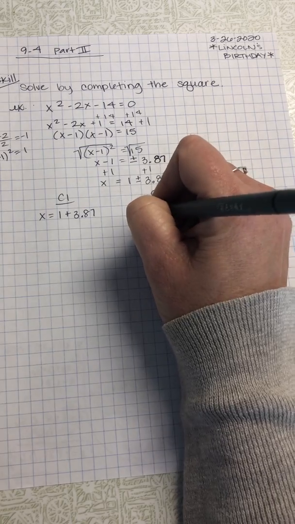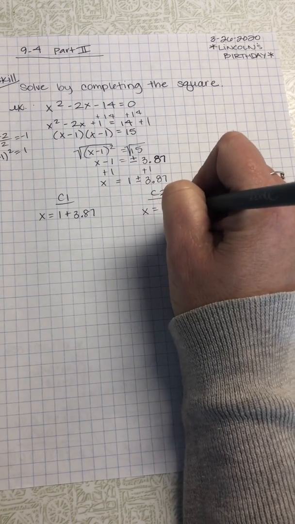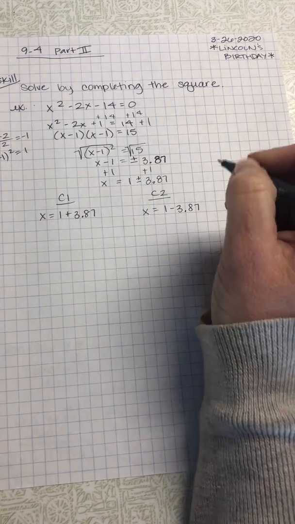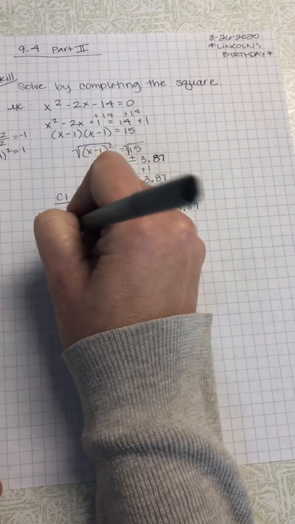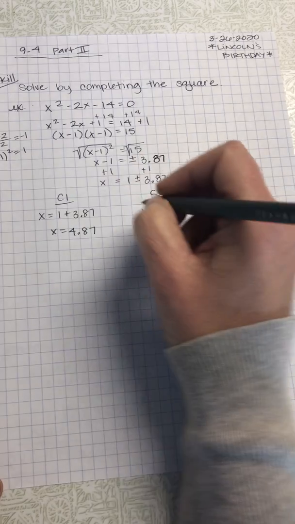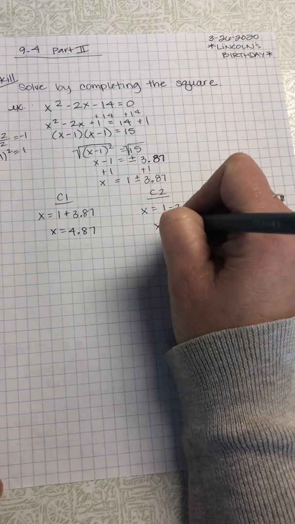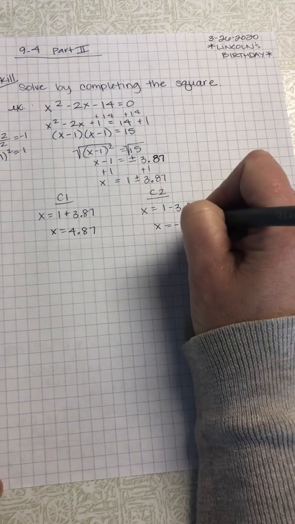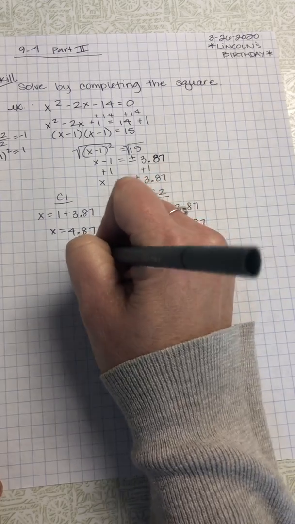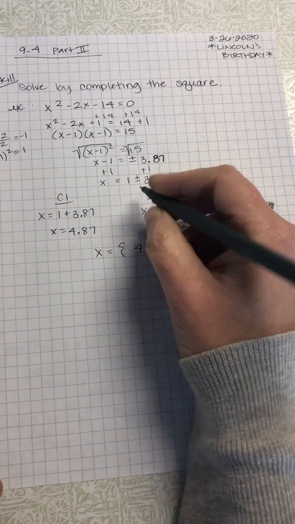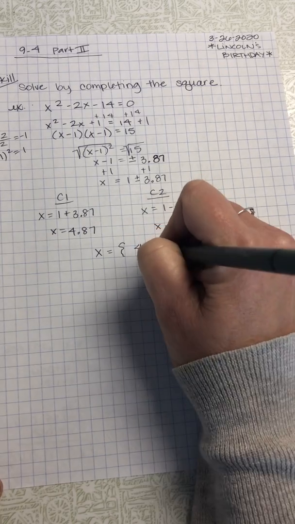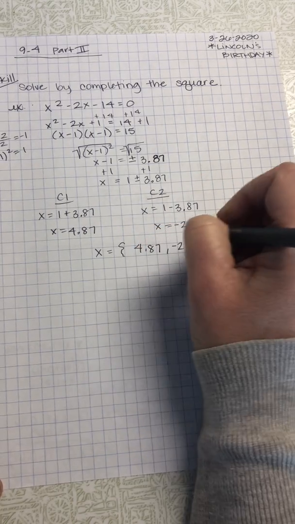And for our case 2, x is equal to 1 minus 3.87. So x is equal to the set of 4.87 or negative 2.87.